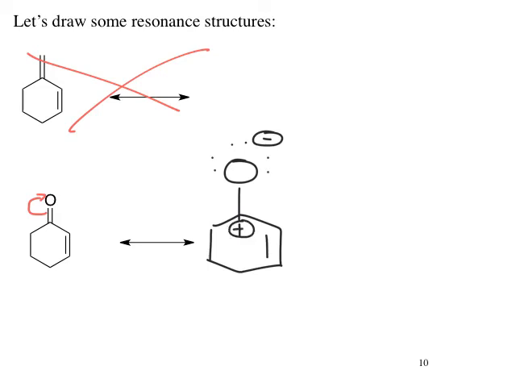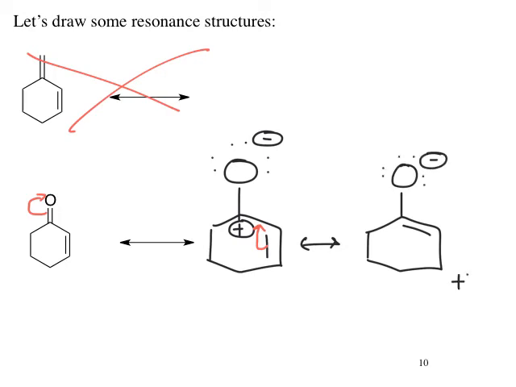And then I can draw another curved arrow from this pi bond over here. That's going to draw a new pi bond. And we'll have this structure, the negative charge, like that.